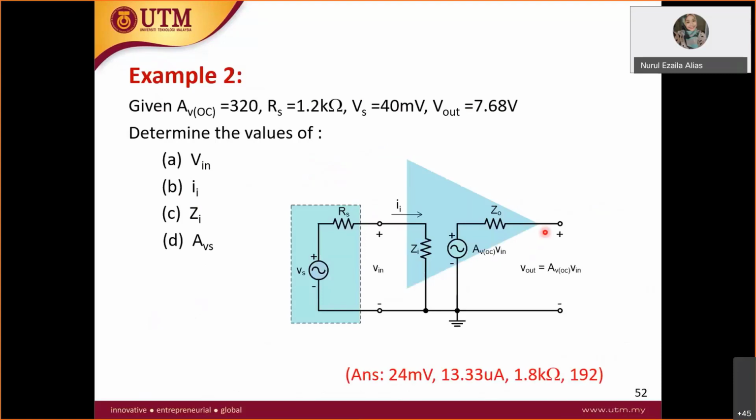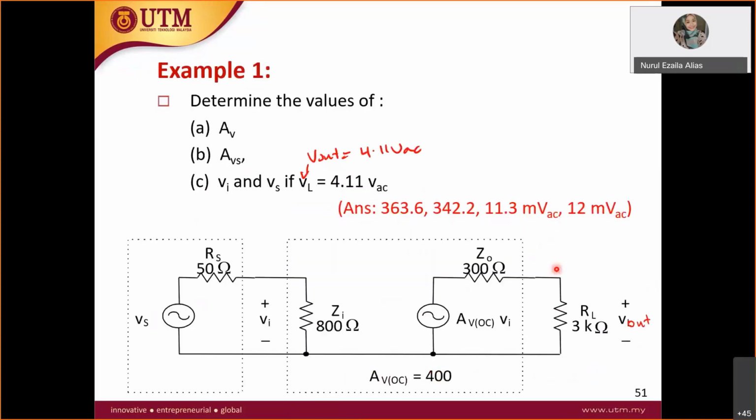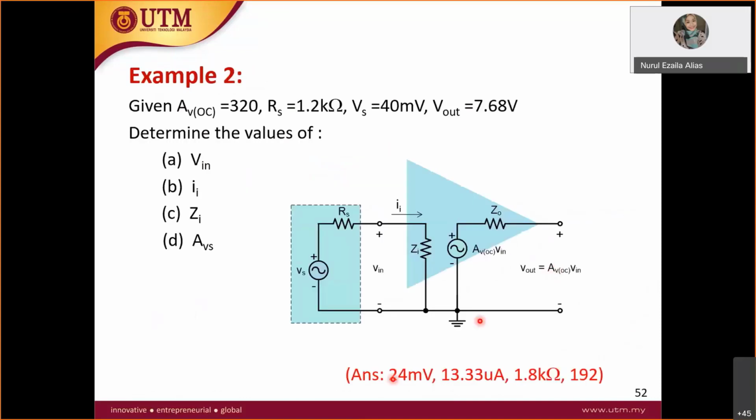However, here the output part is open circuit, no RL. This makes the difference between these two amplifier models. This has RL, this one has no RL. And therefore, the V out here is equal to AVOC V in.